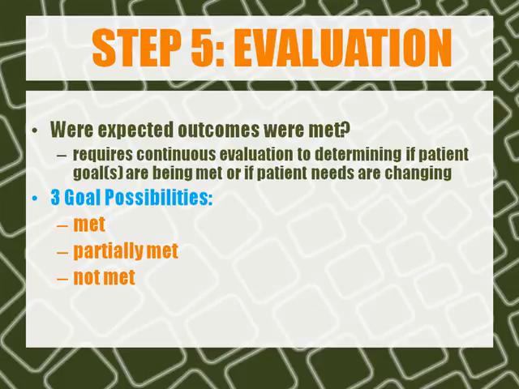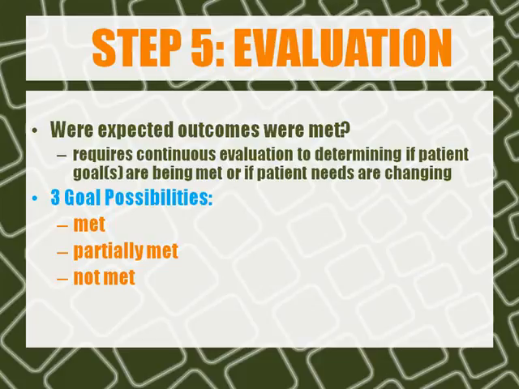So during the evaluation process, we are going to evaluate those patient goals. Did our patient meet the goals that we set for them? Another example would be our patient that we set the goal for them to lose 20 pounds in 3 months. Say 3 months from now we see them. Did they lose those 20 pounds? If so, goal met. Maybe they lost 18 pounds.